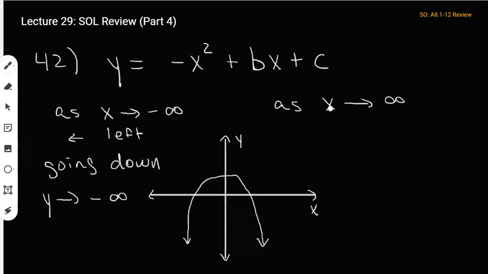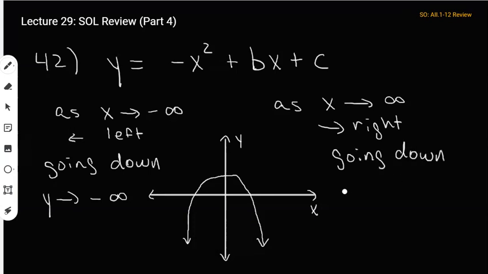But what happens as x goes to the right? That means we're going to follow the function as it moves to the right. So as the function goes to the right, what is it doing? It's also going down, right? So I can say the function is going down.